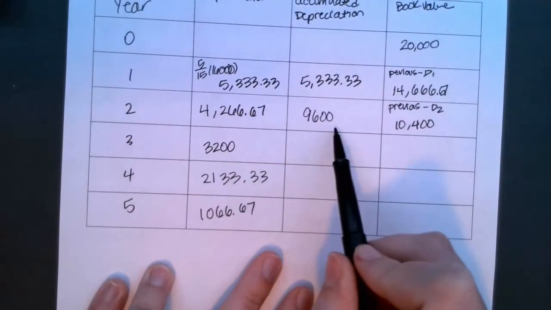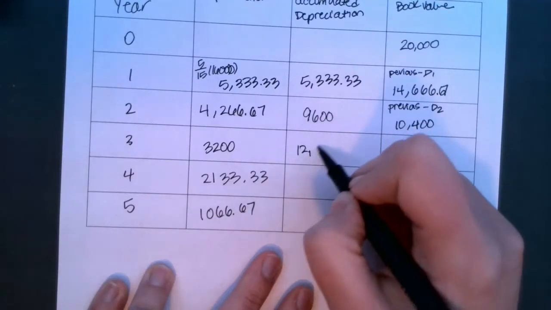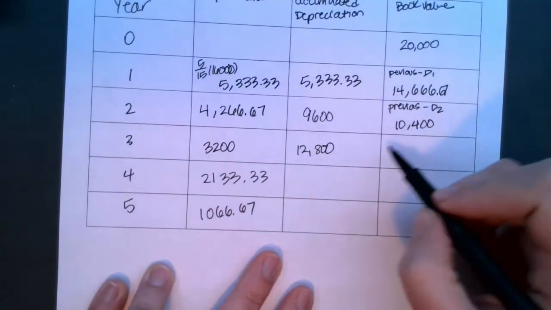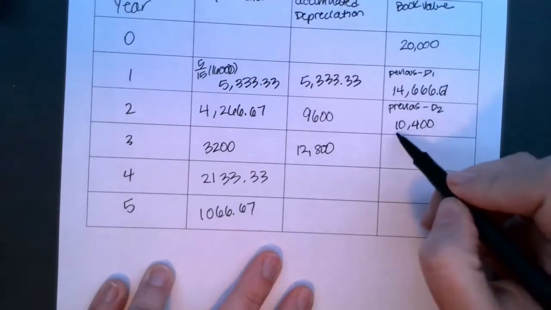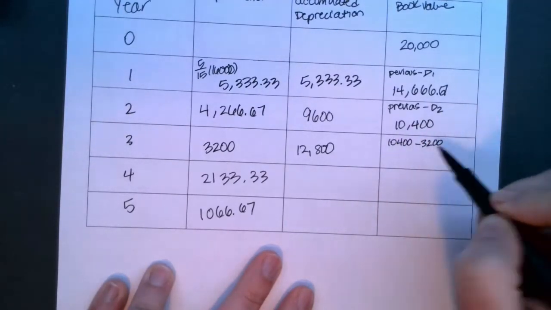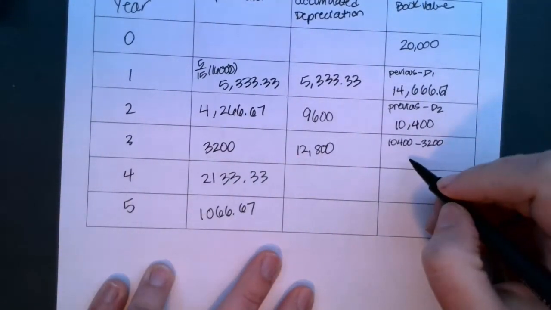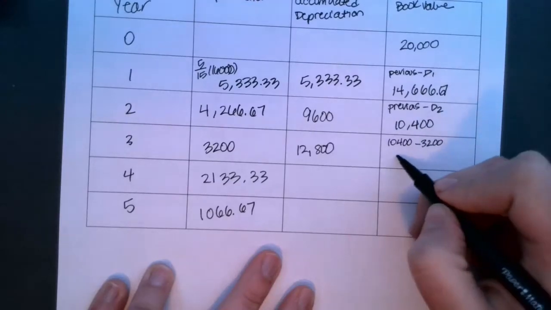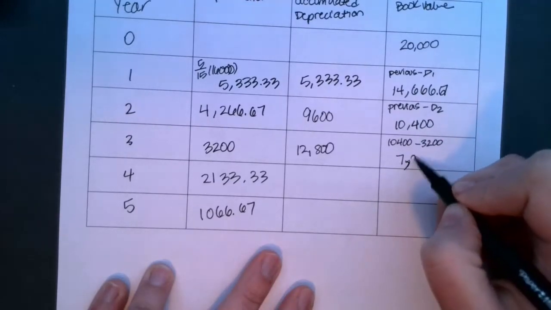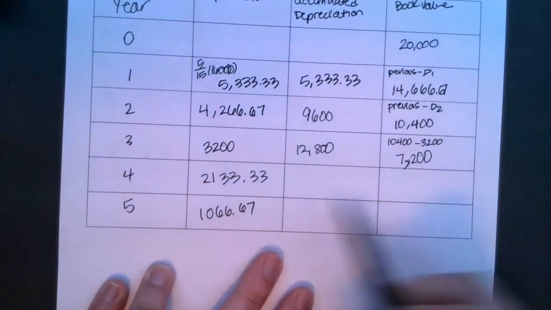So 9,600 plus 3,200 would give me 12,800, and then when I subtract 3,200 from my 10,400, so again the previous value minus my current depreciation, we get 7,200. Okay, then we just keep going.